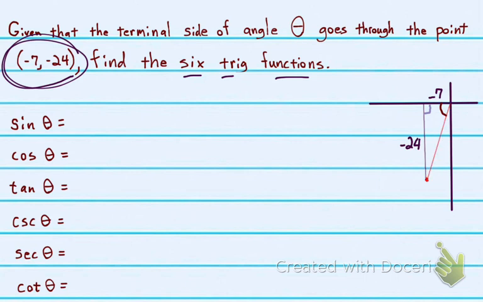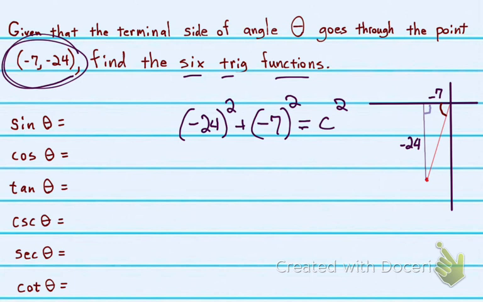So this is not on the unit circle. The red line is not 1. We are going to use our a squared plus b squared equals c squared. All right, let me get my calculator.